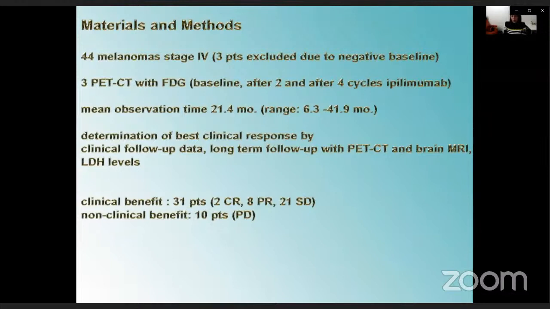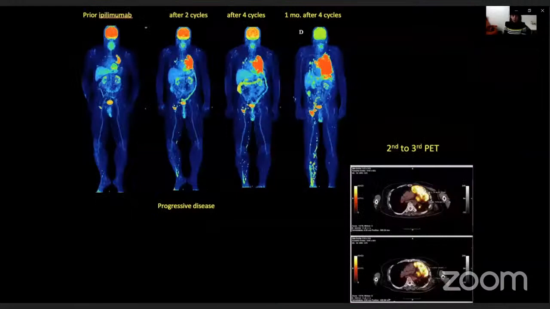The idea is that melanoma patients with stable disease are classified to the group with clinical benefit because prior to the introduction of the immune checkpoint inhibitors, the survival rate was approximately 6 months.